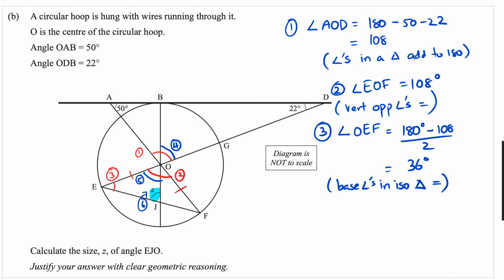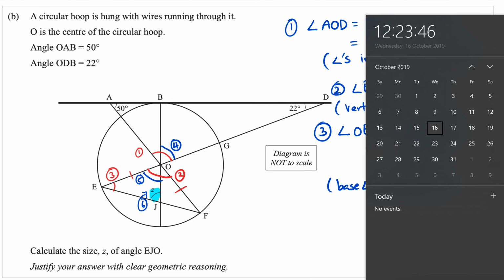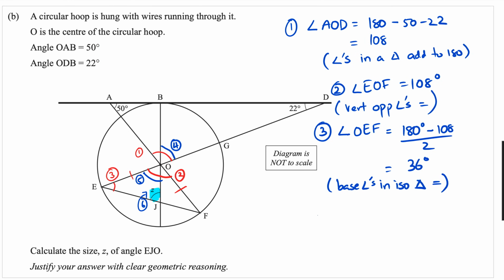Next, we go to step 4. But before we go to step 4, I just realized that we need to work out what angle OBD is. I do need this angle here, so that should have been maybe my step 3.5.